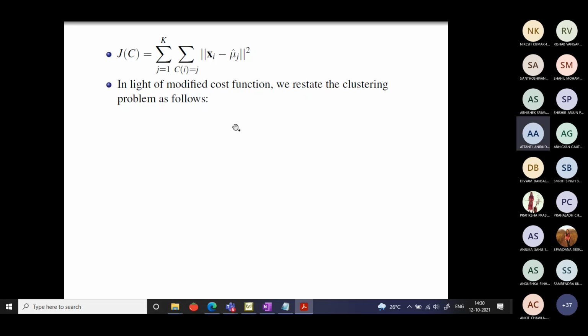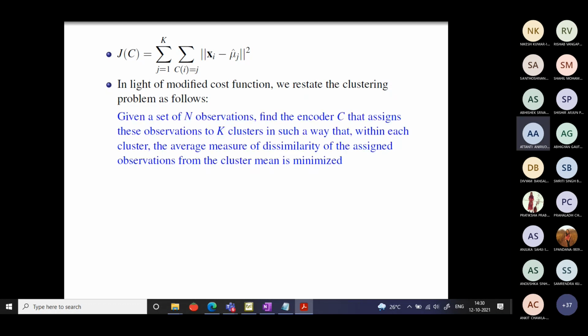Because our cost function has been updated, we have to update our definition of clustering. Given a set of N observations, find the encoder C that assigns these observations to K clusters in such a way that within each cluster, the average measure of dissimilarity of the assigned observations from the cluster mean is minimized.